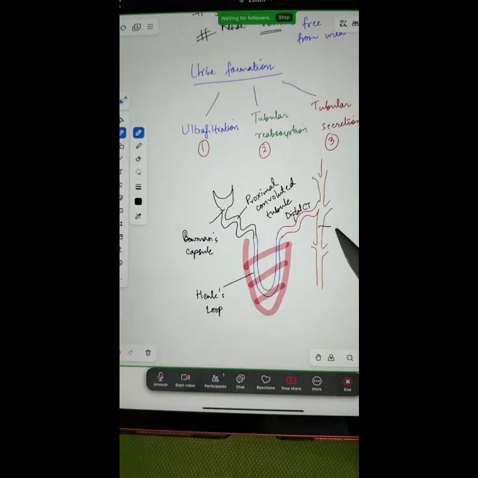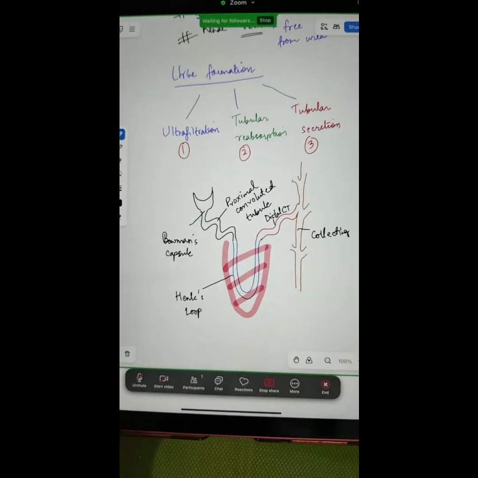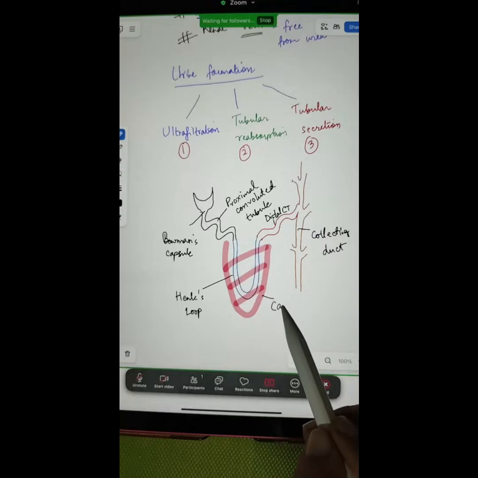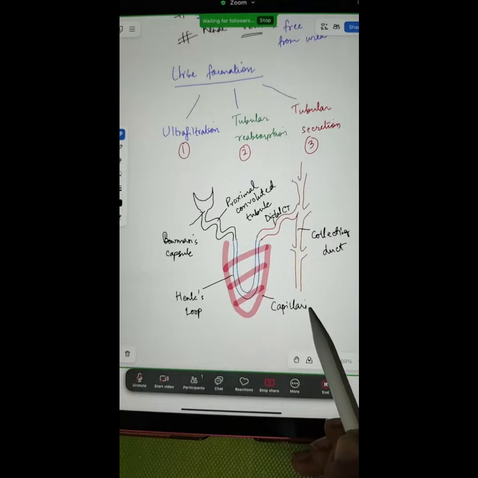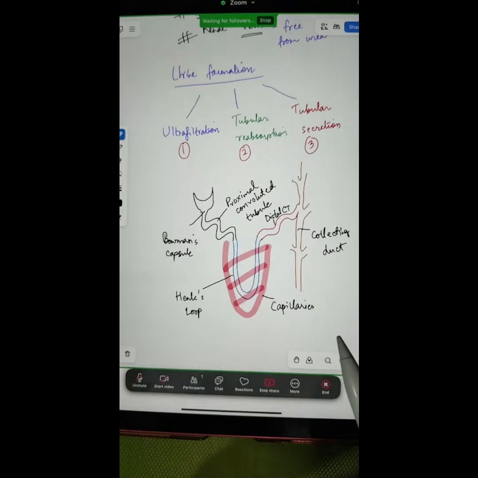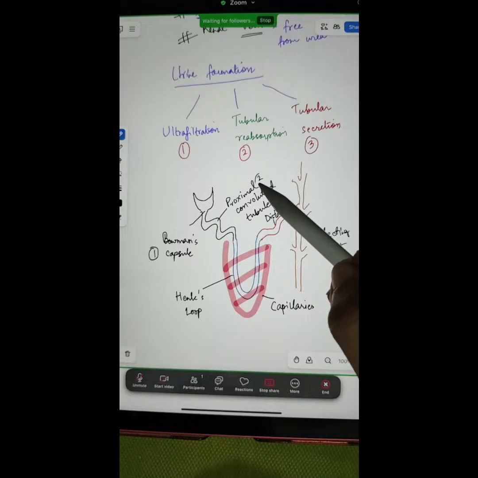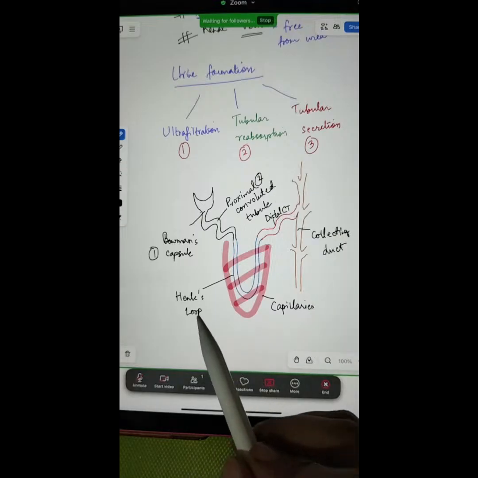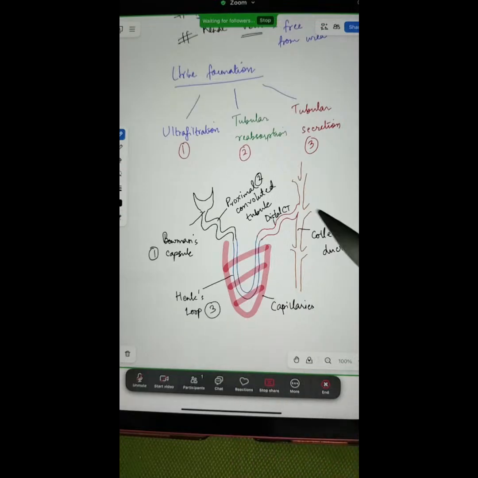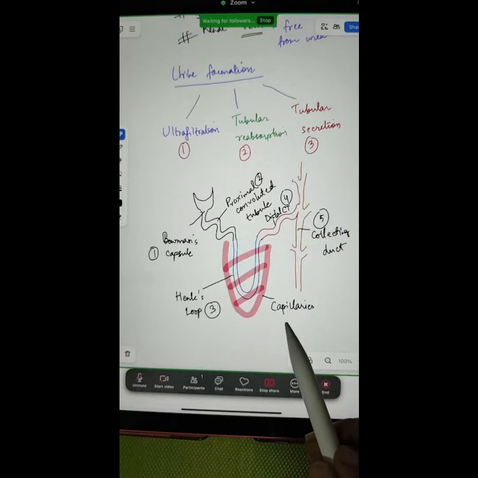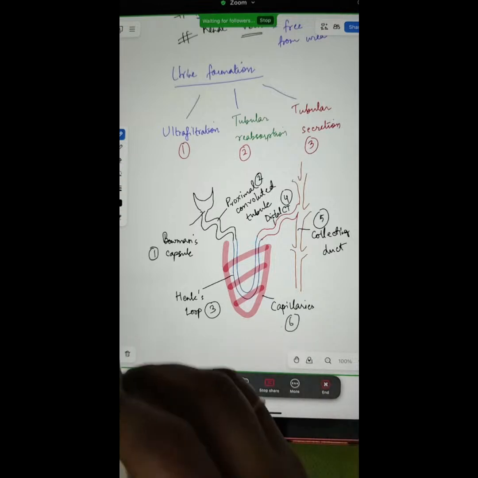And this last part is known as collecting duct. These are the capillaries that surround the Henle's loop. So broadly speaking, the first part is Bowman's capsule, the second part is proximal convoluted tubule, the third part is Henle's loop, the fourth part is distal convoluted tubule, the fifth part is collecting duct, and then you need to show the capillaries as well.